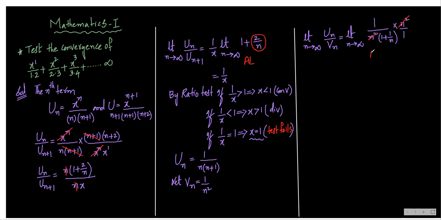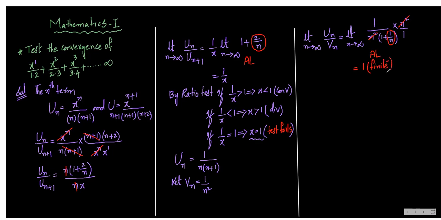Now once you apply the limit, wherever 1 by n is there, this part will become 0. So then we are left with a finite value. That finite value is 1.